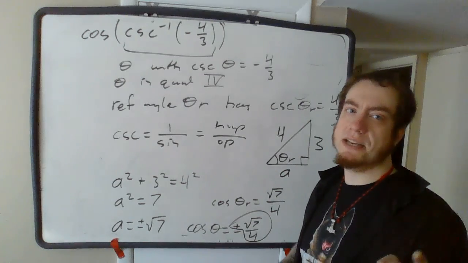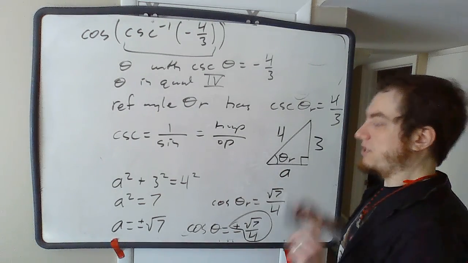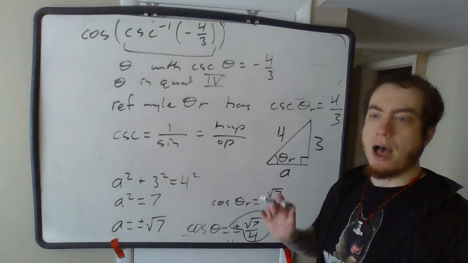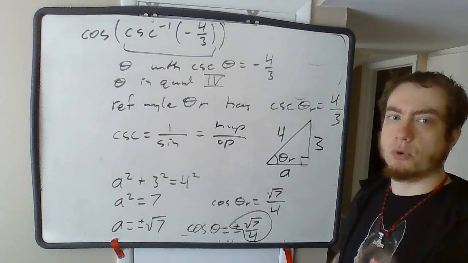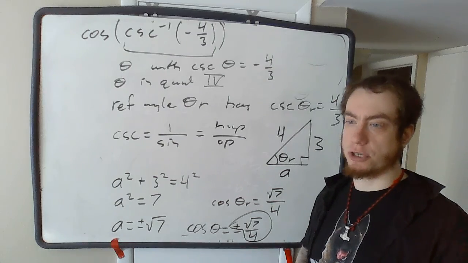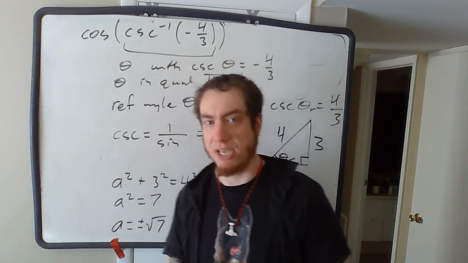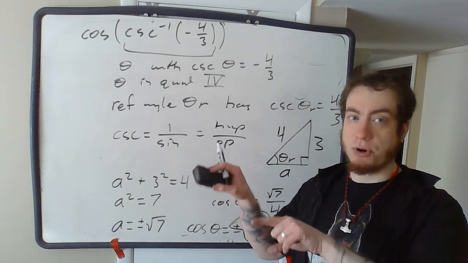One more thing I want you guys to do. To save myself from the embarrassment of making really messy pictures here, I want you guys to take a look at the graphs of the inverse trig functions. These are in 8.1 and 8.2 of your book, I believe, and they give you nice, pretty graphs.